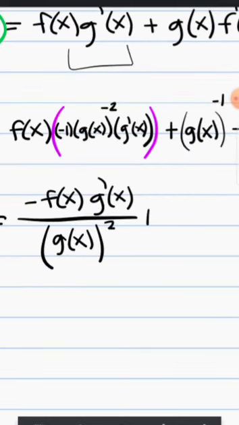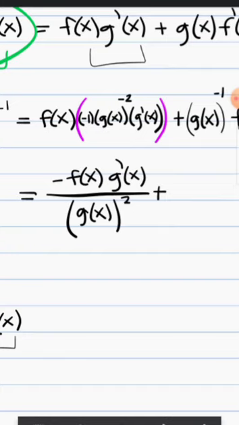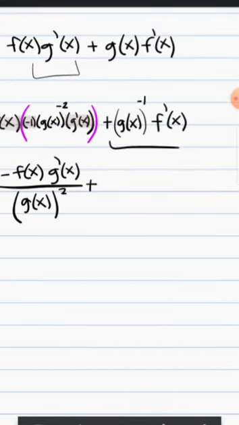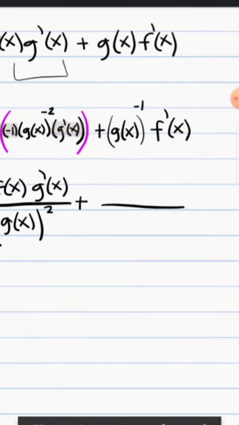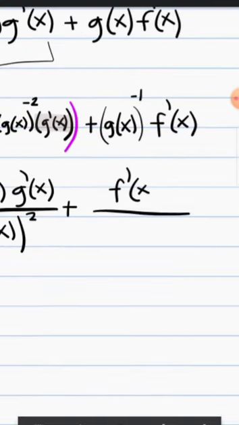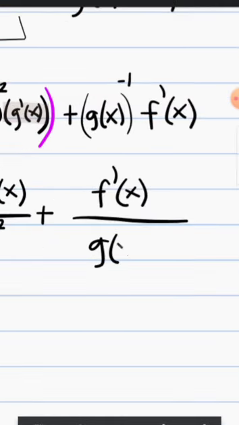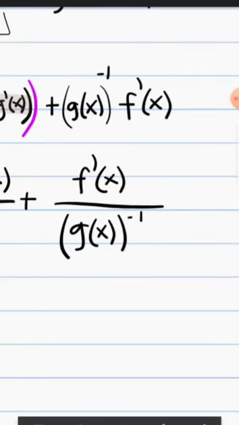Alright, and plus this, multiply this to this, negative 1 f of x and g prime of x, and then move g of x raised to negative 2 below. Then plus this term right here. Again, moving g of x raised to negative 1 below, we'll get f prime of x all over g of x raised to 1.